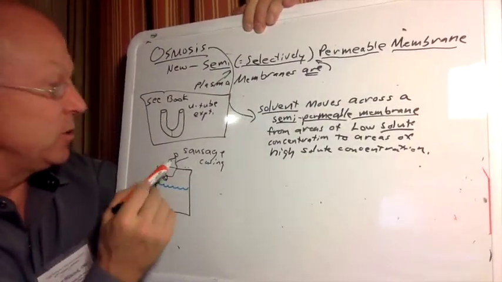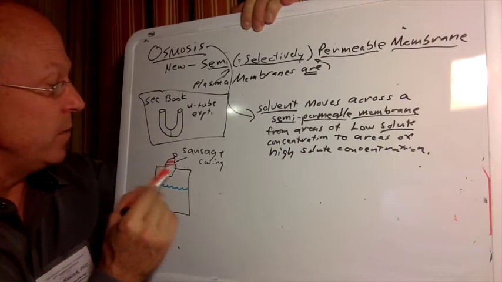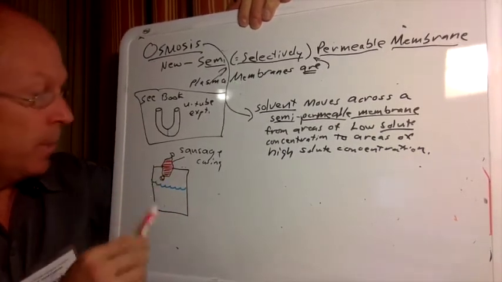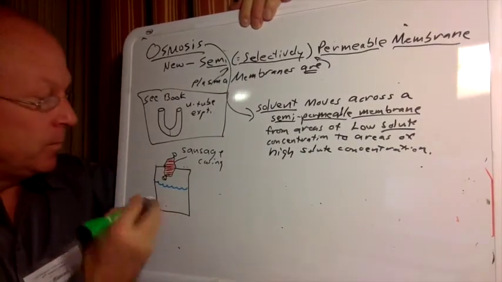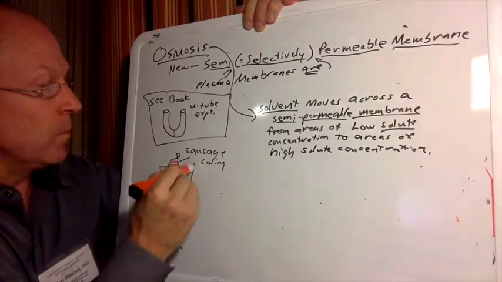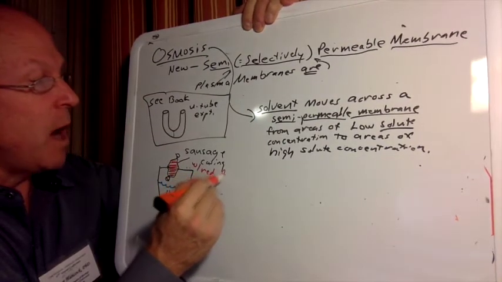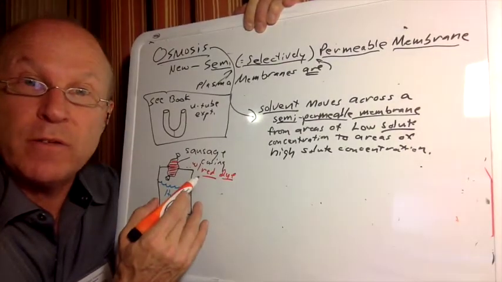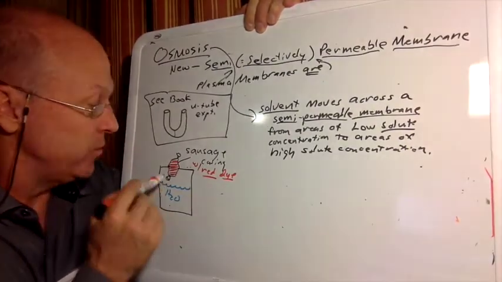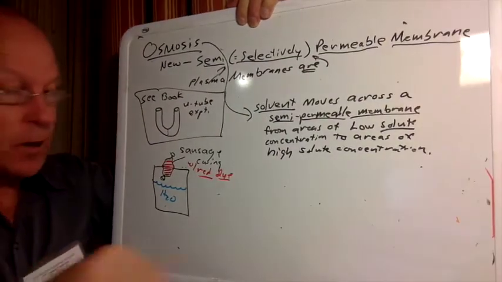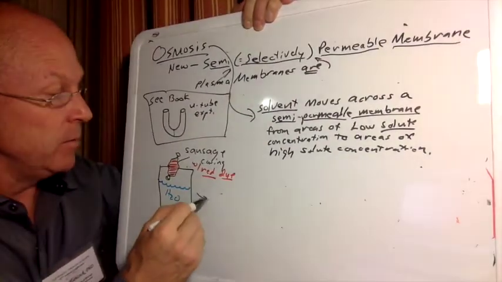So in the sausage casing we're going to fill it with a red dye in water. Here we have pure H2O, and in this experiment we've got red dye. The red dye is the solute in this case. Red dye is the solute, and H2O is the solvent. So we're going to plop this thing into the beaker.